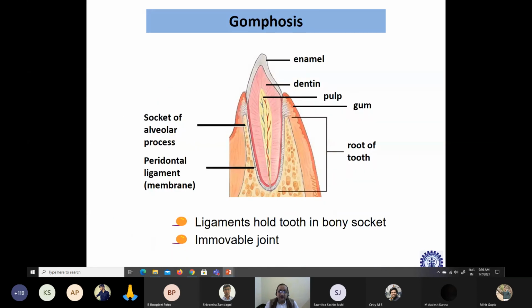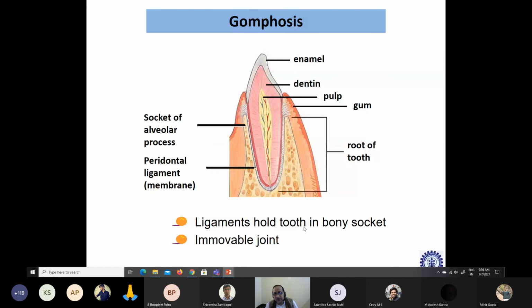We have another example of a joint in the dental system, the gomphosis. You can see typically a tooth attached to the mandible, and the attachment here is of different types.